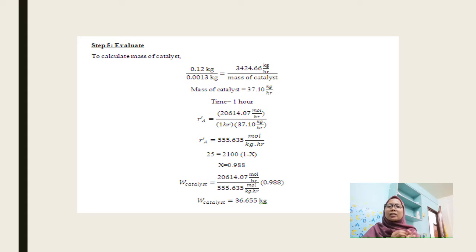Then we assume 25 is the maximum level. Then we find the conversion is 0.988. And from the conversion, by using the weight of the catalyst equation, we get the weight of the catalyst is 36.655 kg.